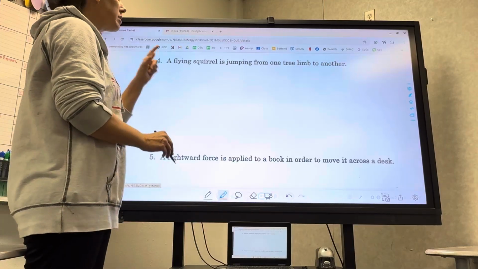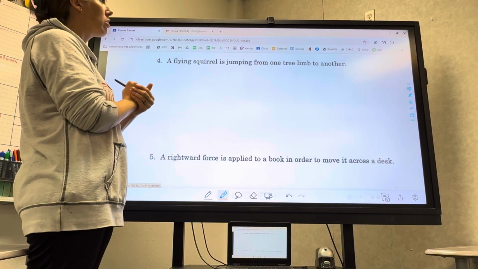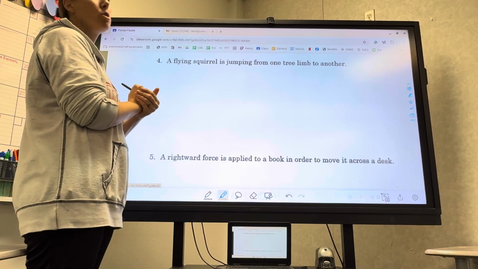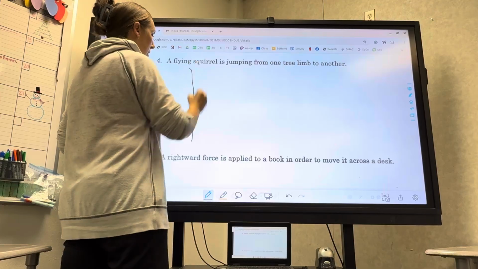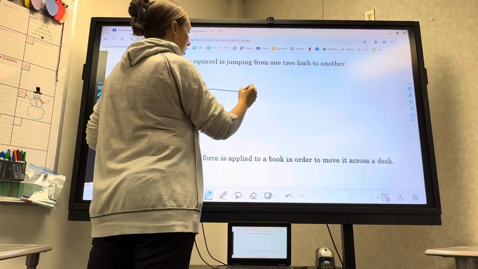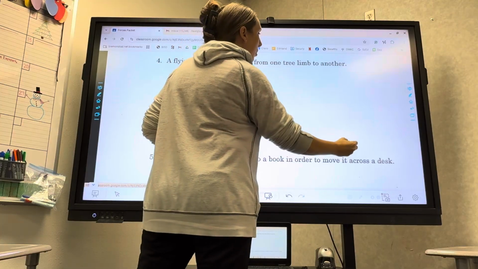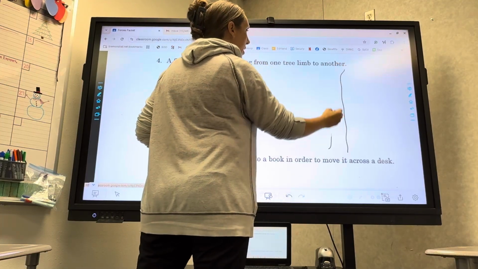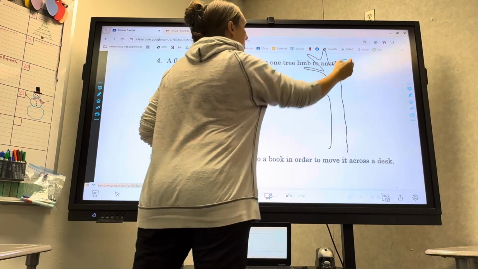Okay, so I did not specify direction here, but I will on your quiz. So flying squirrel is jumping from one tree limb to another. Okay, so I do not need to be drawing trees, but it's just gonna reiterate. Okay, midair.